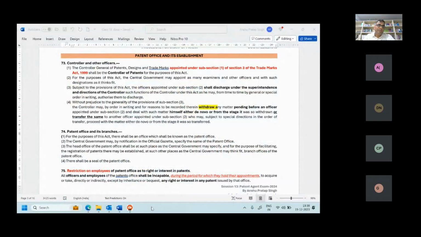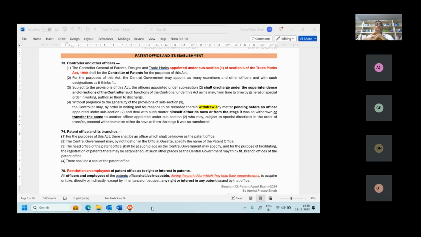Yes, please check. Okay. So now, Patent Office and establishment, we have discussed in section 73 at the start that there is a Controller General of Patents, and the Controller General can have other officials who will discharge functions under the superintendence and direction of the Controller.